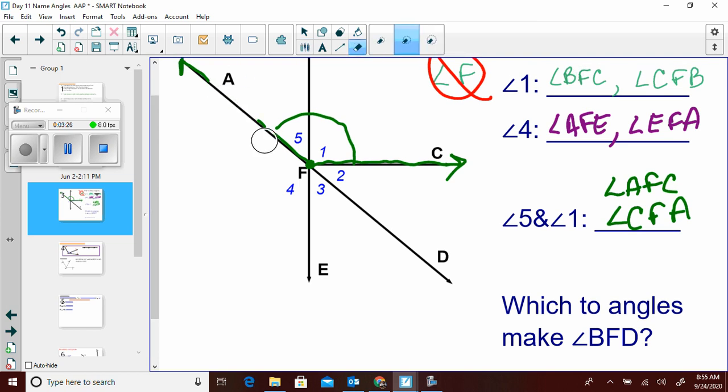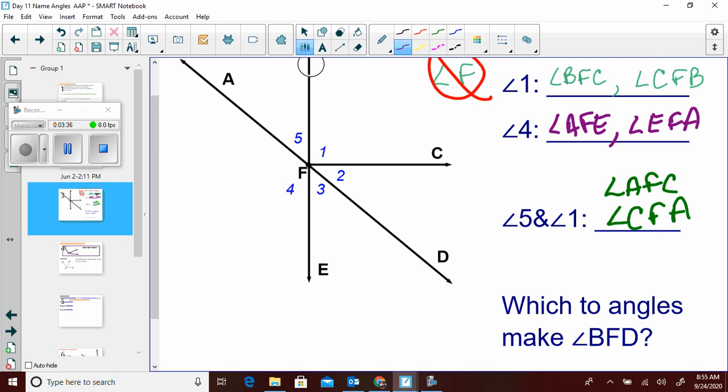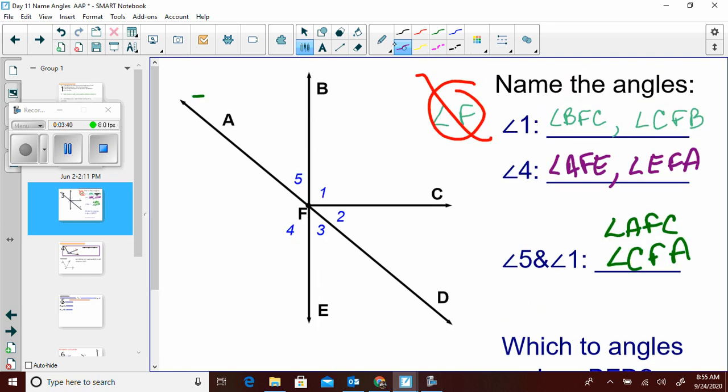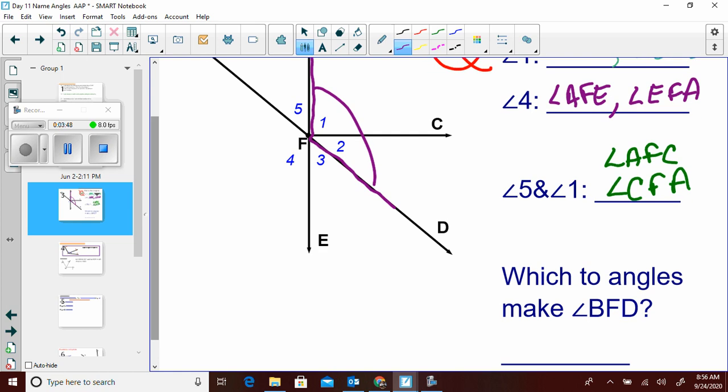Now it says, which angles make B, F, D? Which angles make B, F, D? Oh, angles 1 and angle 2.